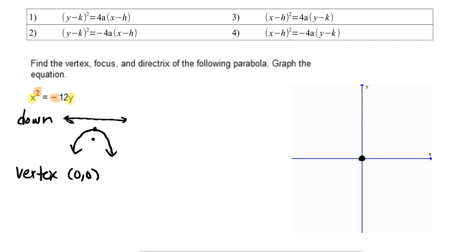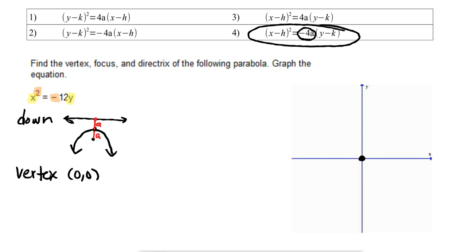A down-facing parabola will have this equation right here, the squared on the x, the negative attached to the y term, and this negative 4a is important to note. That value of a tells me the distance between the vertex and the focus, and also the distance between the vertex and the directrix.